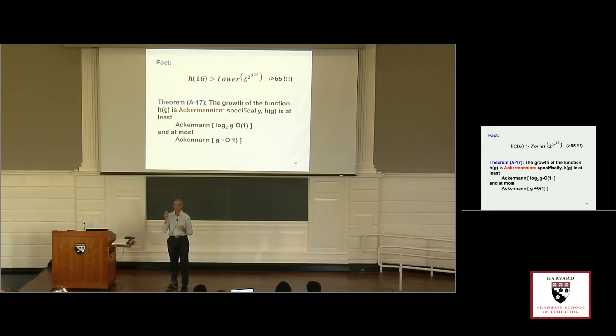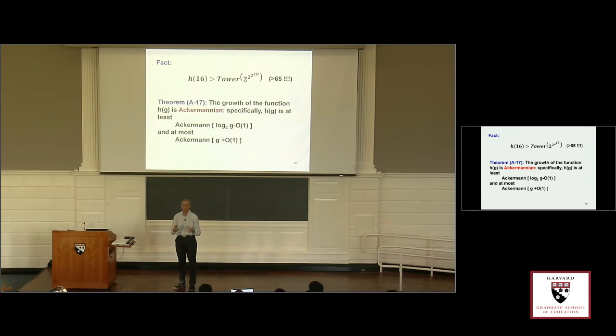The correct behavior of this h of G is at least the Ackermann function of log base 2 of G, maybe minus a constant, and at most the Ackermann function of G plus a constant. There is a way to change the problem a little bit so that it will be both an upper and lower bound of the Ackermann function of log of G. So these are really big numbers. But okay, this was a digression.